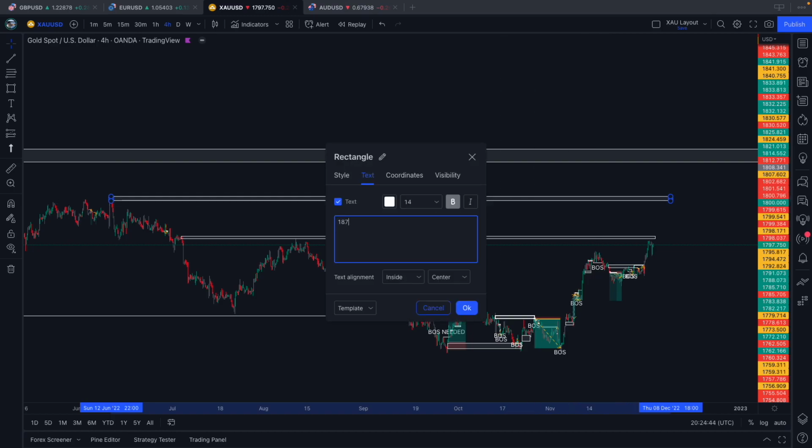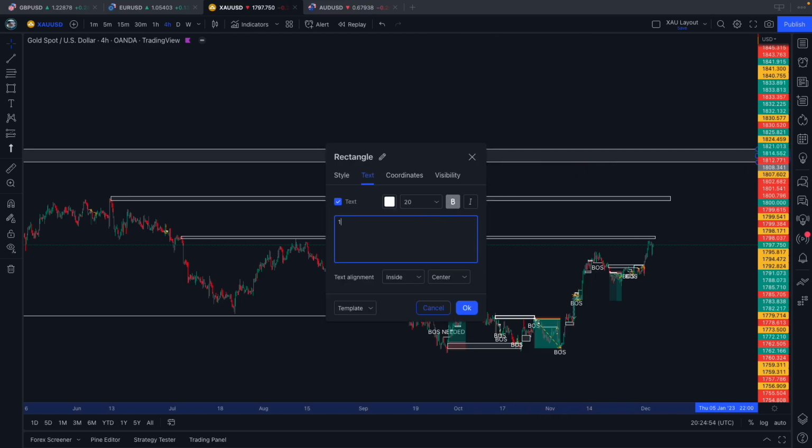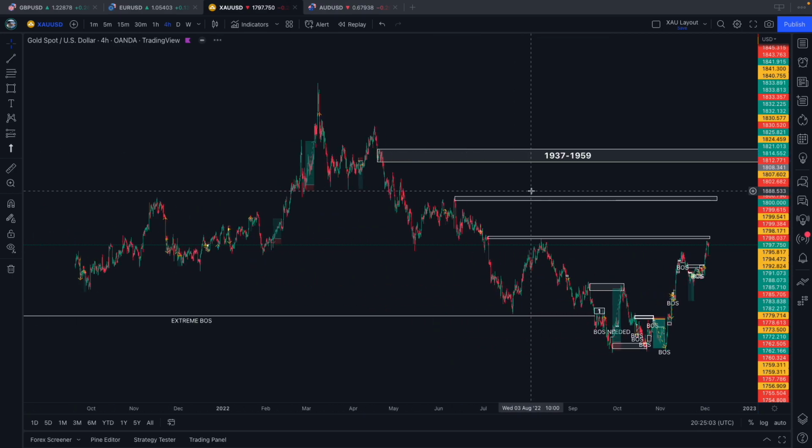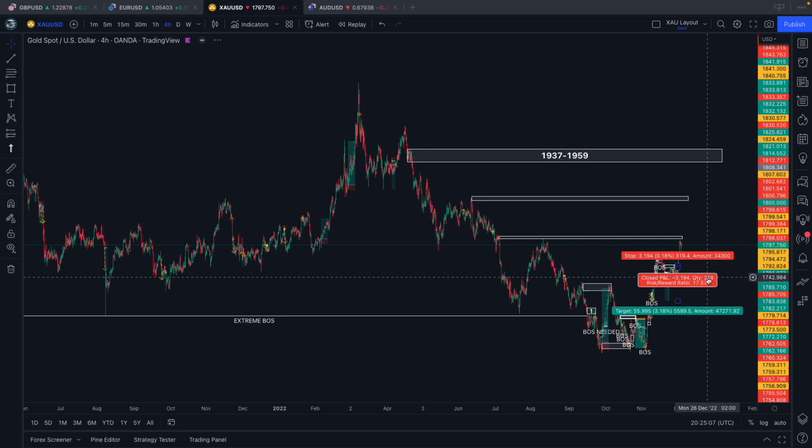And then the third zone is between 1937 and 1959. Perfect. So those are the three zones that I am looking to potentially trade from in terms of place and sell positions.